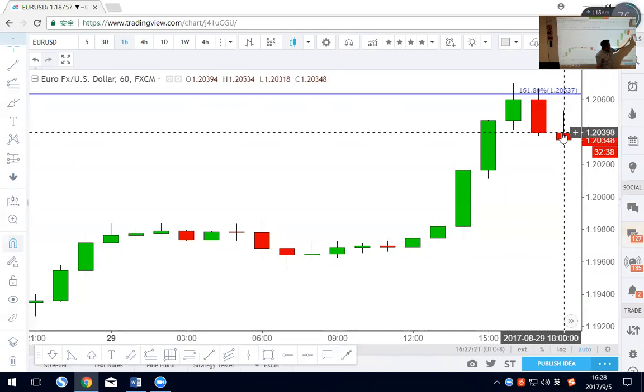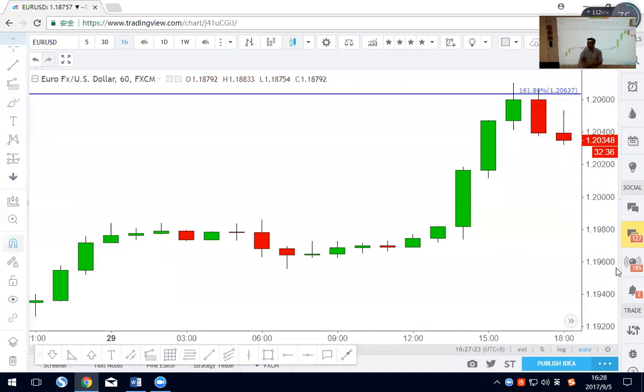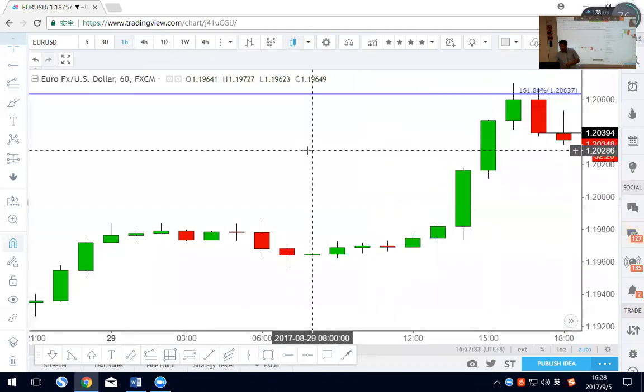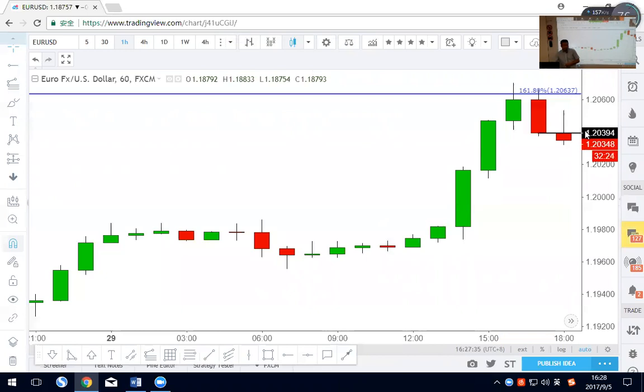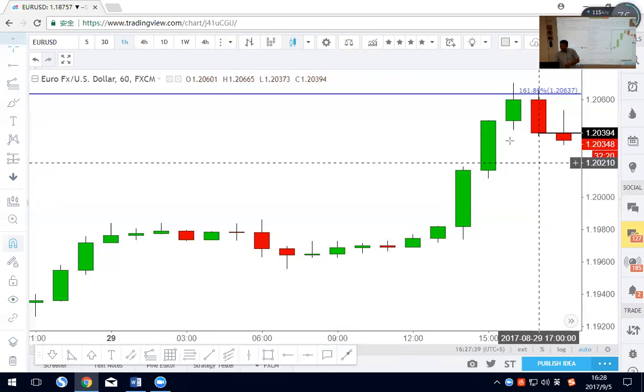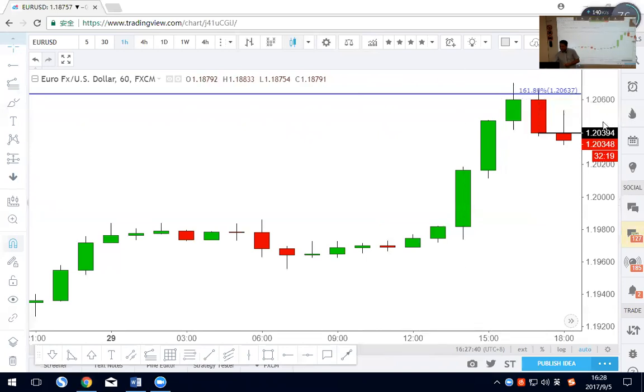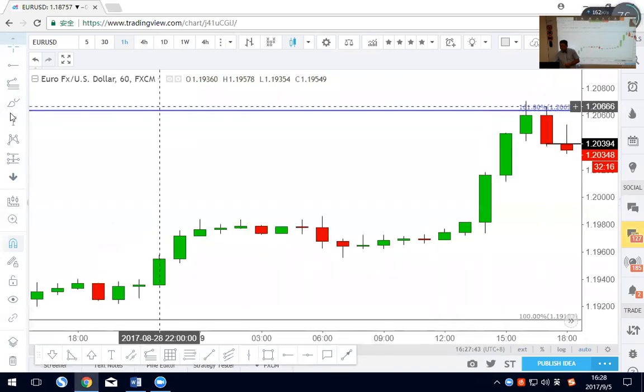You short from here, and where's your stop loss? Tell me, where is your stop loss? If you want to trade this short, say for example, we short from here, 1.2040. Yes, you're right. Your stop loss should be put right above the previous candle's high.